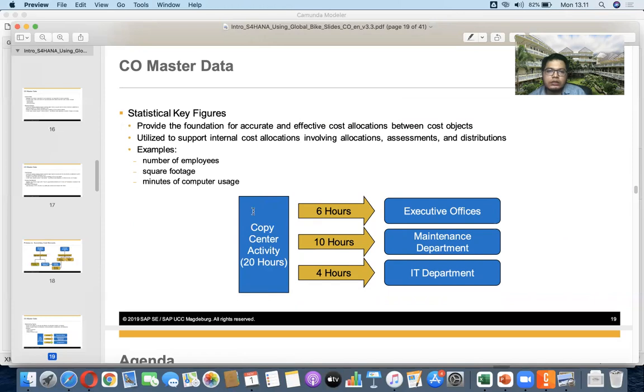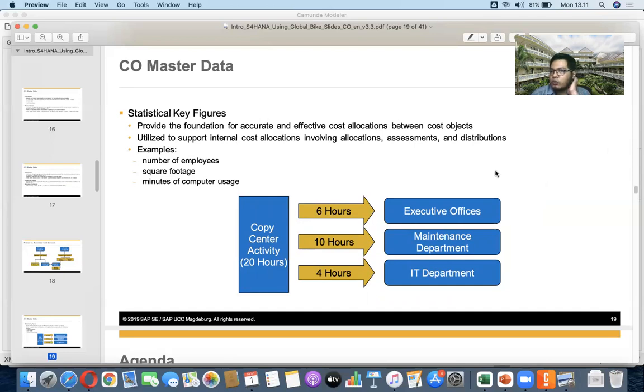So basically this is the copy center, photocopy center, and each of those departments needs the copy center. However, how do we distribute this? If you learn about cost management, we have what we call cost allocation.